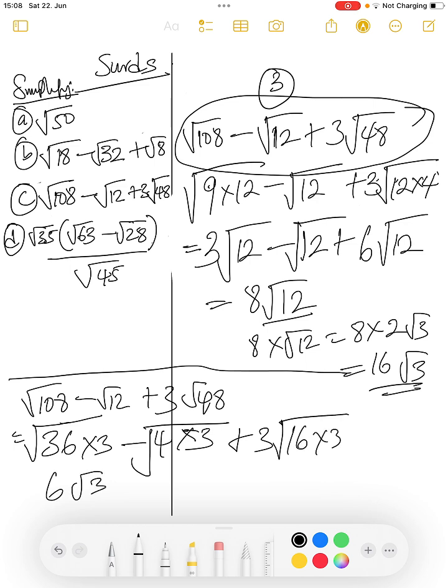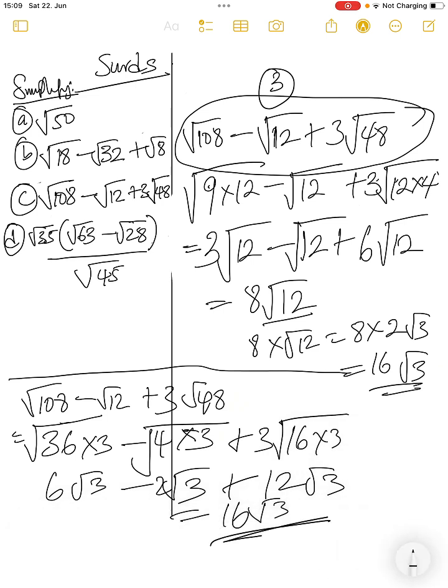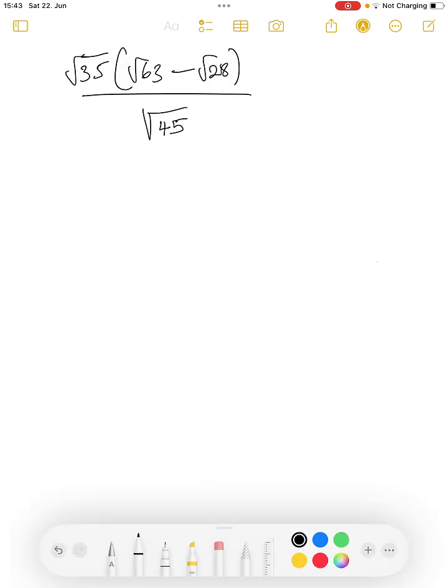This is 6 root 3 minus 2 root 3 plus 12 root 3. And this is the same thing as 16 root 3. So you have the same value. Whichever way you use, you will eventually get the same result.